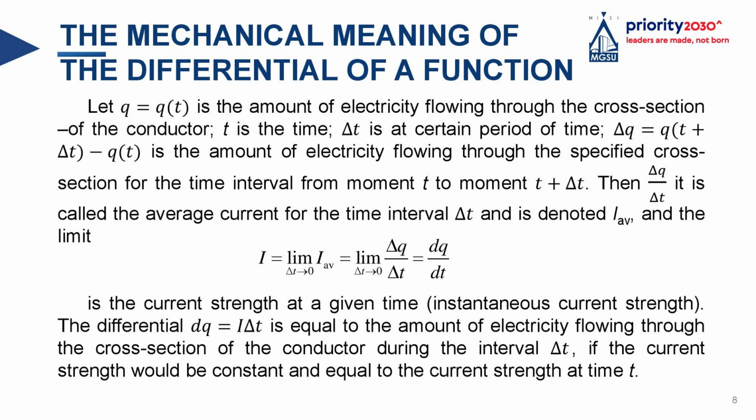This is the current strength at a given time, the instantaneous current strength. The differential dq equal to I delta t is equal to the amount of electricity flowing through the cross-section of the conductor during the interval delta t, if the current strength were constant and equal to the current strength at time t.